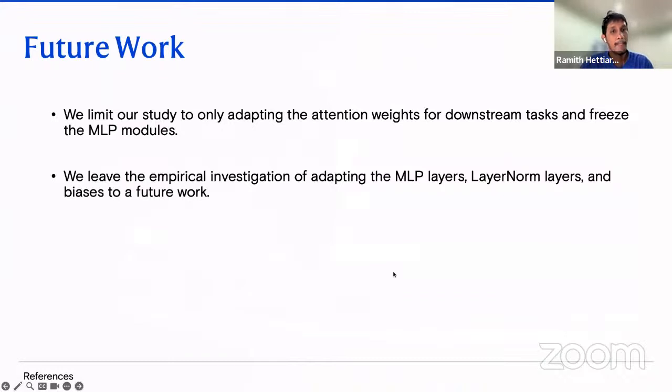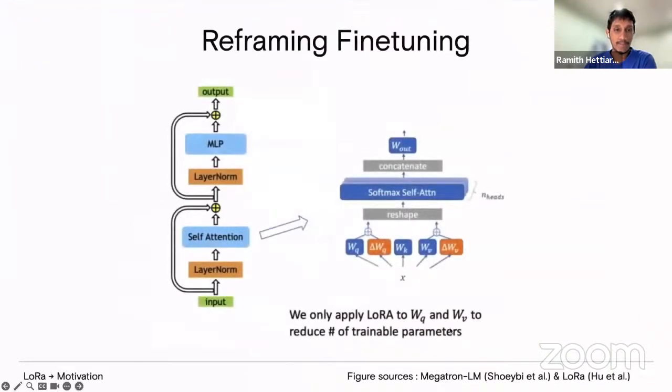In this study, there are a couple of things they leave for future work: layer norm and biases. Currently they adapt the LoRA approach to the query and value matrices. I guess that's all the slides I have.